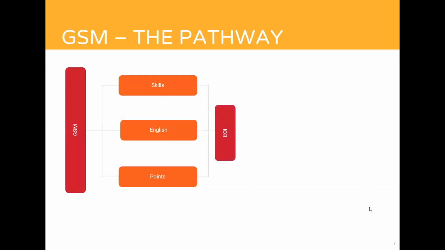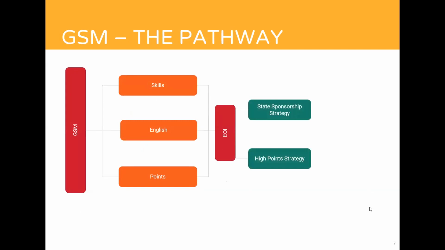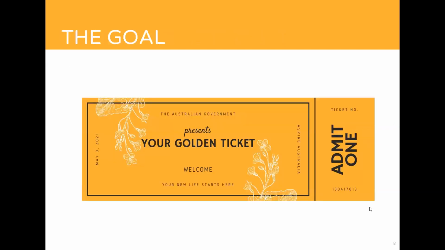That leads towards the lodgement of a submission of an expression of interest, the adoption of an appropriate strategy depending on your circumstances, and leading to the final outcome, which, as I said, is the golden ticket. This is your goal: to get this invitation to apply for the visa.